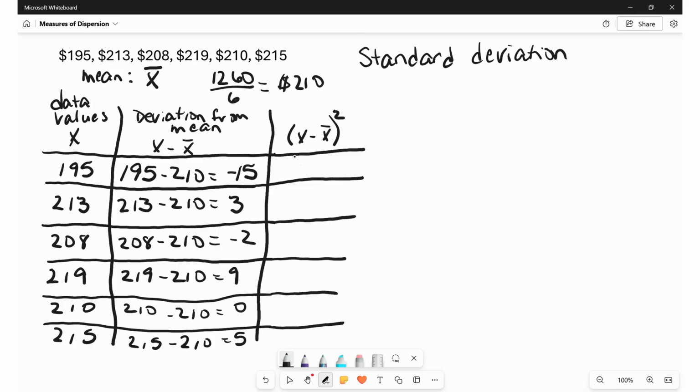So negative 15 squared gives you 225. 3 squared gives you 9. Negative 2 squared is 4. 9 squared is 81. 0 squared is 0. And 5 squared is 25.